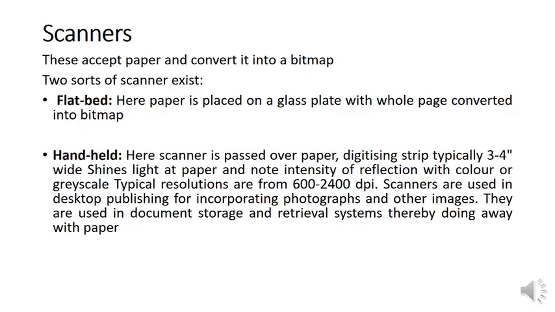Typically resolution is from 600 to 2400 dpi. Scanners are used in desktop publishing for incorporating photographs and other images. They are used in document storage and retrieval systems, thereby doing away with paper.